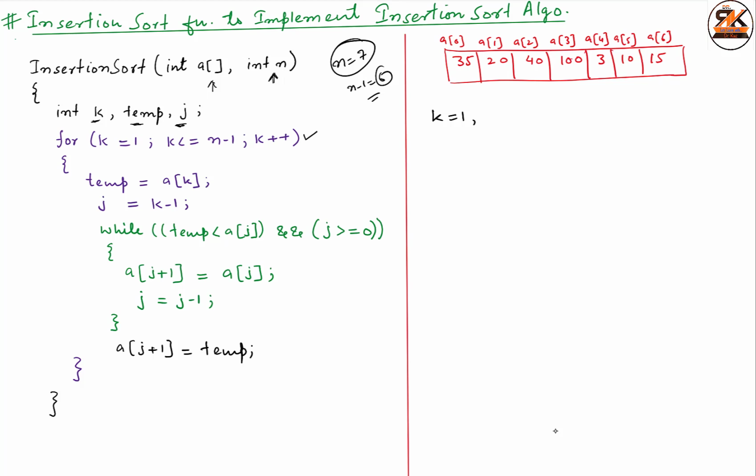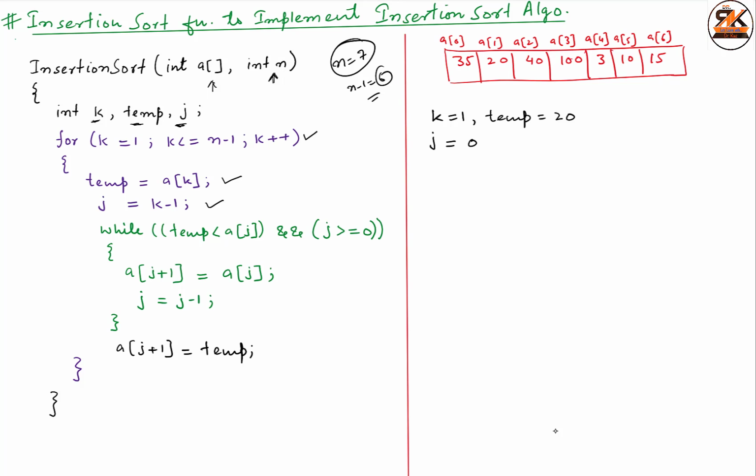Then this loop will work, and we see temp is equal to a of k, so temp is equal to a of 1. So temp will have a value 20. And j equals k minus 1, which means 1 minus 1, 0.